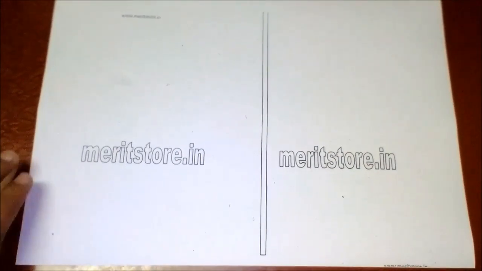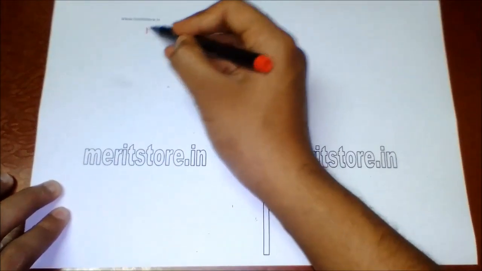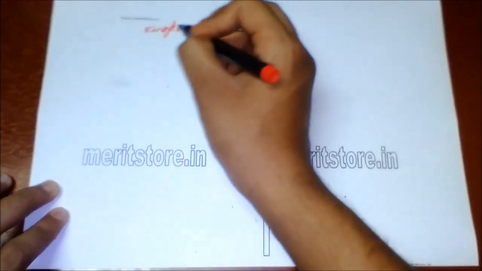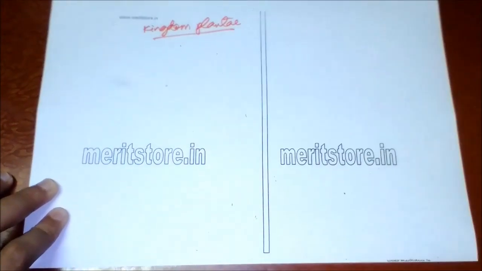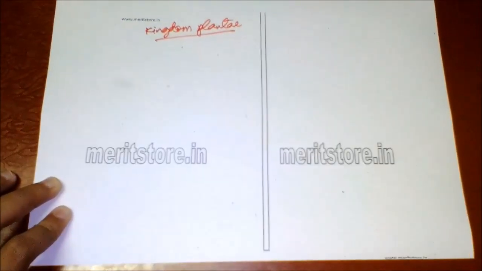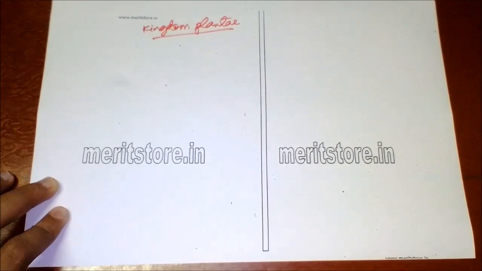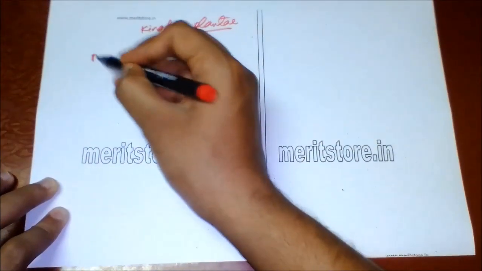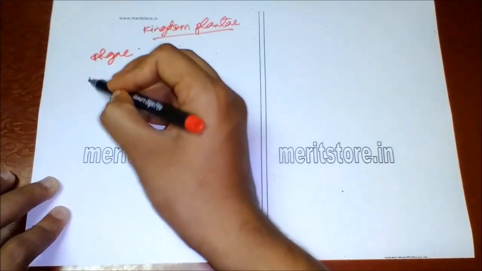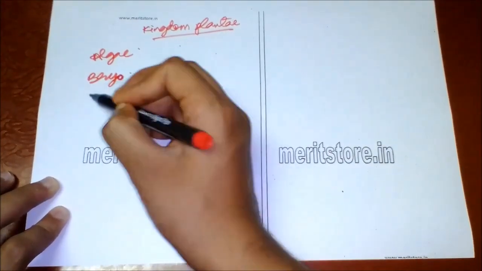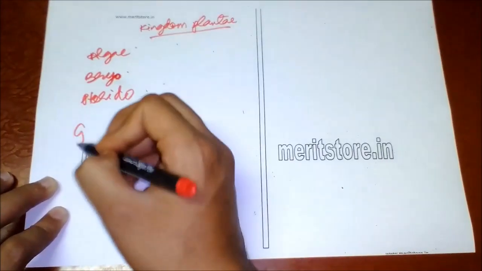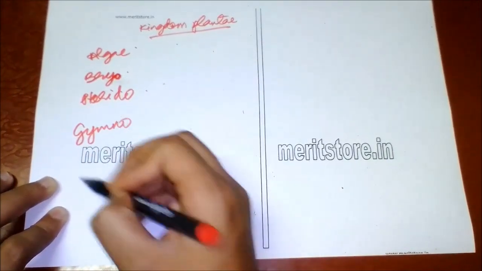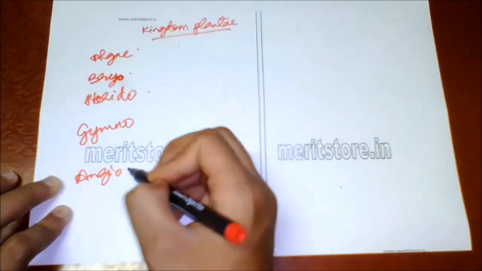So the next chapter you can go through is kingdom Plantae. So for last minute revision, you have to remember the classification of kingdom Plantae, which includes algae, bryophyta, pteridophyta, gymnospermae and angiospermae.